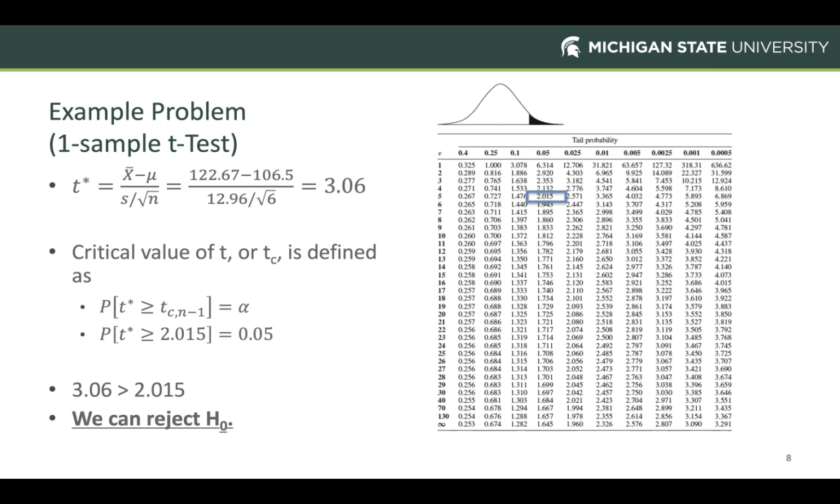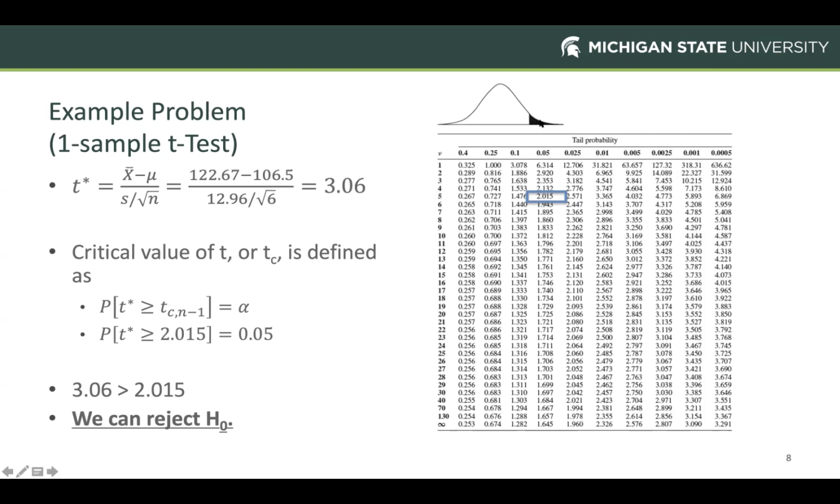The only fundamental difference here is that we need to determine our degrees of freedom and then select the appropriate value from the corresponding columns here. Now, had we done this as a two-sided test, so maybe we didn't know going into this policy evaluation whether fatalities would go up or down, we would be concerned with either extreme of that distribution.